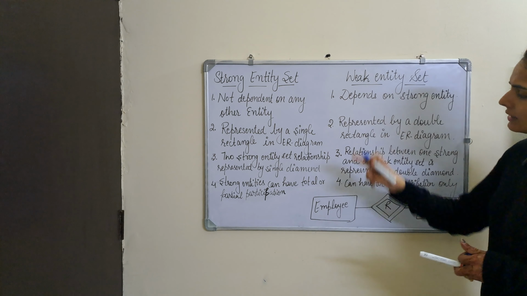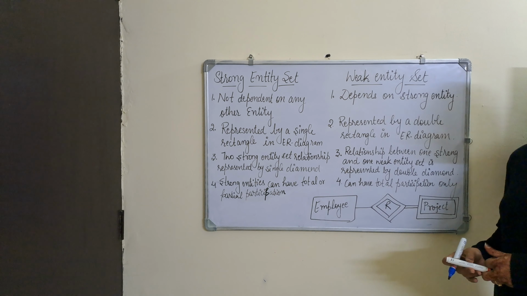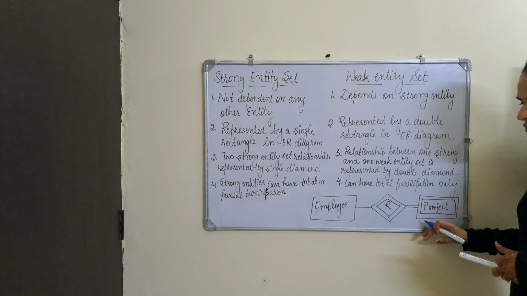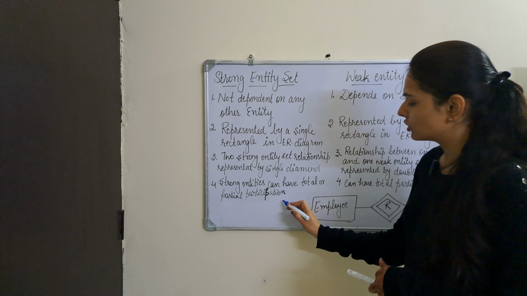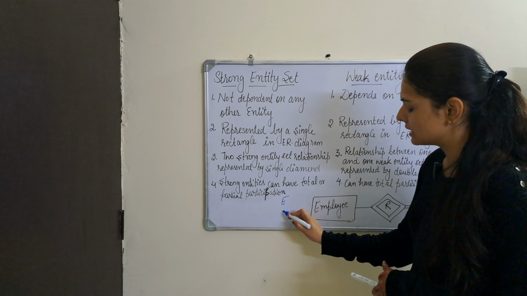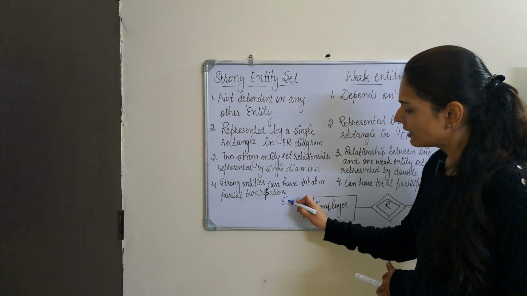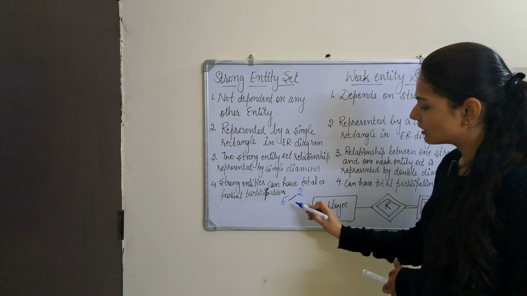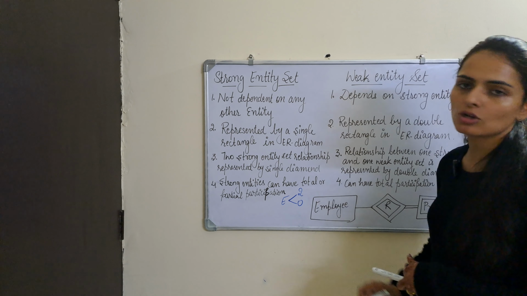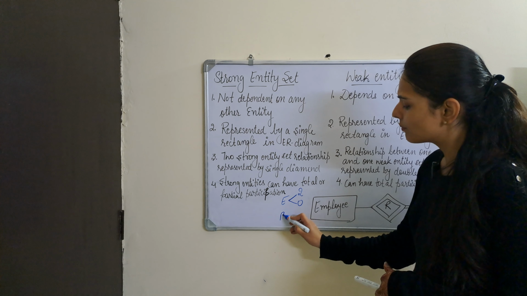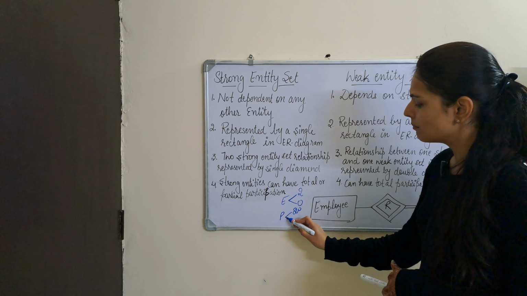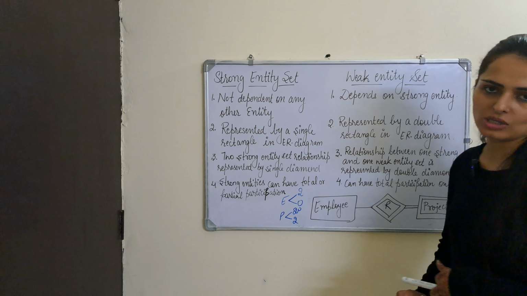Before looking at all these points, let's understand this over here. We have two entity sets, that is employee and project, and in our last discussion we put some constraints over these entity sets, that is one employee could have a maximum of 2 participations and a minimum of 0 participations. However, project could have a maximum of 20 participations and a minimum of 2 participations.